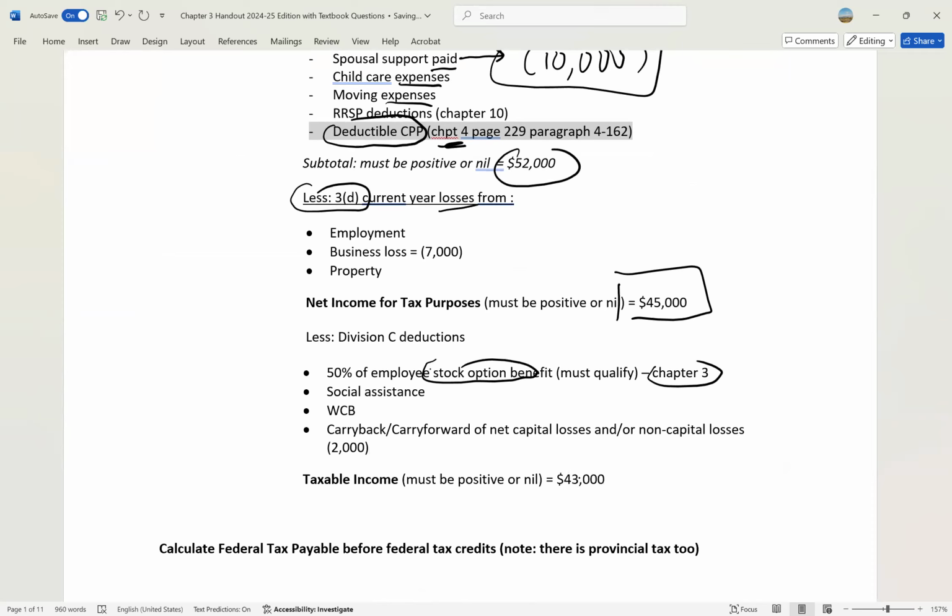And we're going to learn more about these deductions when we get to chapter 4 and chapter 11, how to get from net income to taxable income. But that's a simple example illustrating how we calculate net income and then how we further calculate taxable income. Any questions about this simple example?